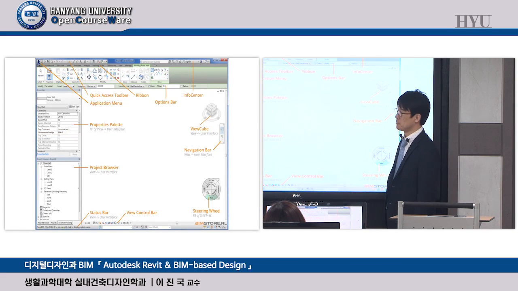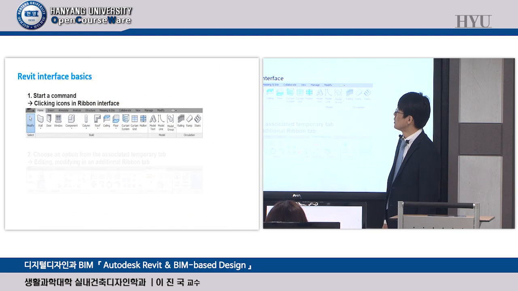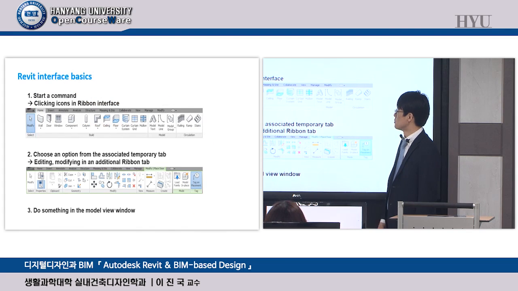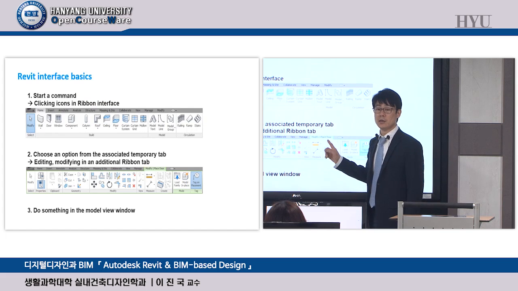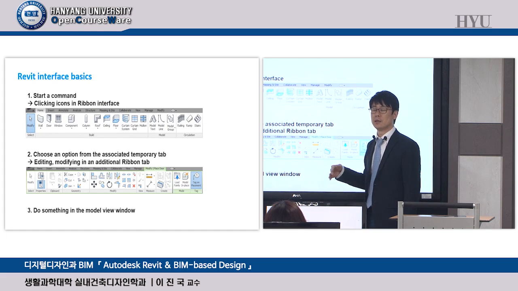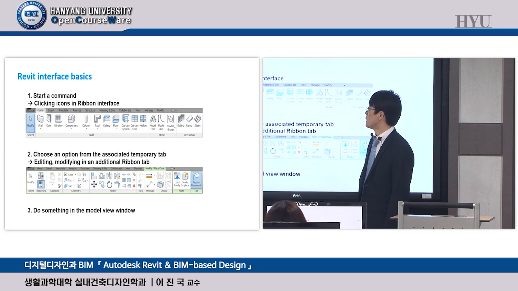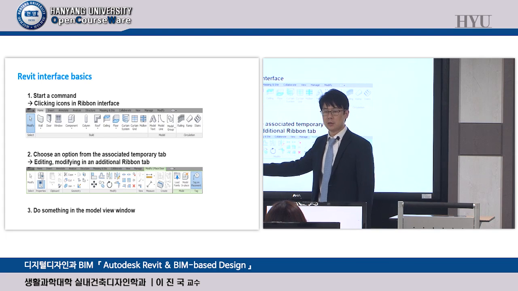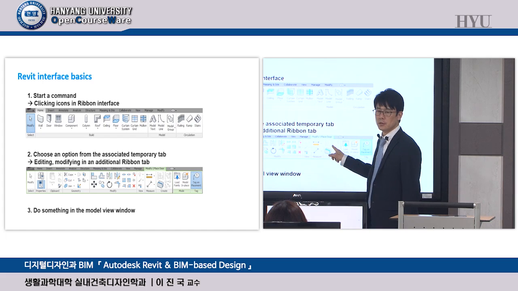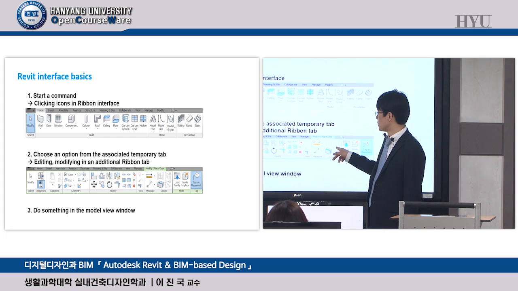So this is the interface we already reviewed. We're going to do that again in the lab exercise, and the mechanism. Another thing you need to know is that this is a dynamic interface. That means if you select something or click something, a new ribbon interface will pop up like this.